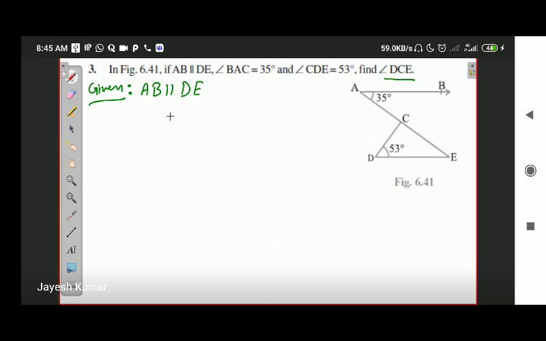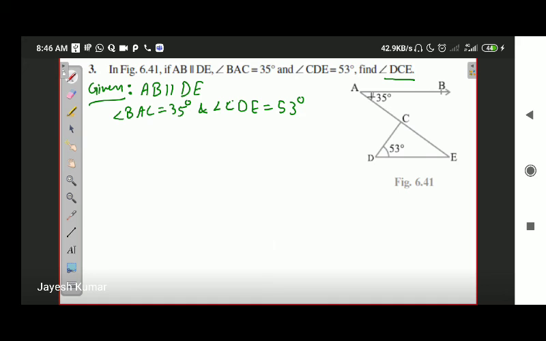If we are given a set of parallel lines, then it must be possible to use those parallel lines to determine particular angles. Also, angle BAC is equal to 35 degrees and angle CDE is equal to 53 degrees.